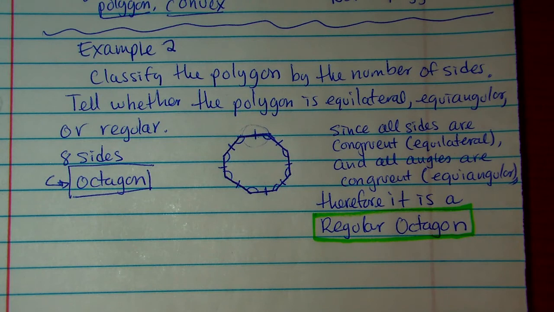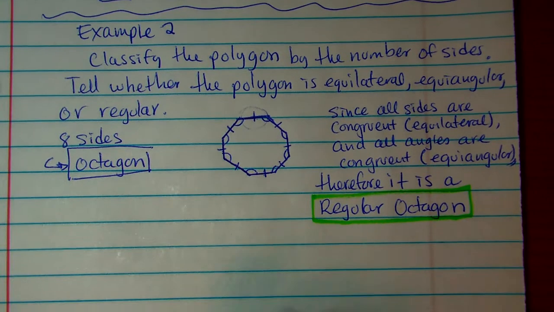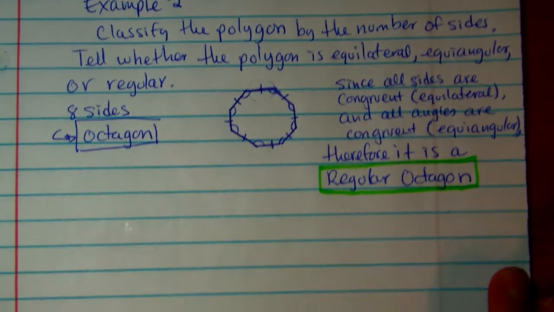I think that for your independent practice, you're going to have to work on the classification of polygons. So we're going to take some notes about the classification of polygons.